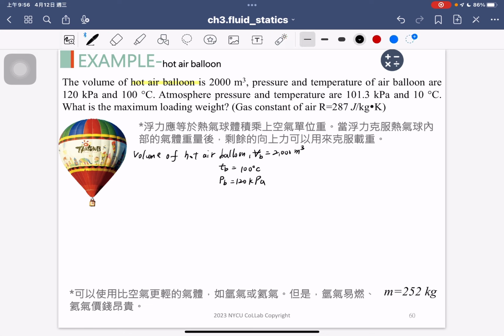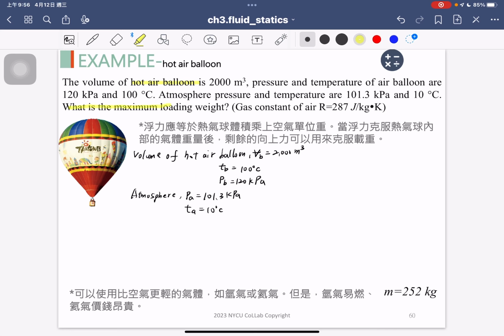And we have some conditions for the atmosphere. The atmosphere pressure, I may use PA, is 101.3 kilopascal, and the temperature condition for the ambient is 10 degrees.